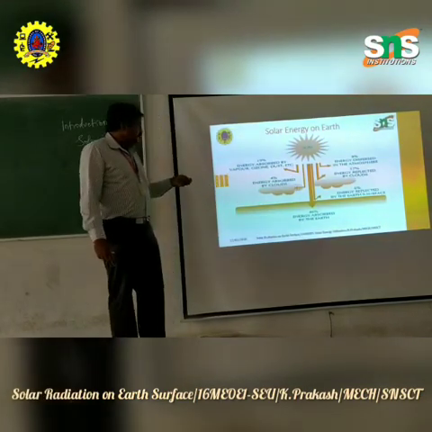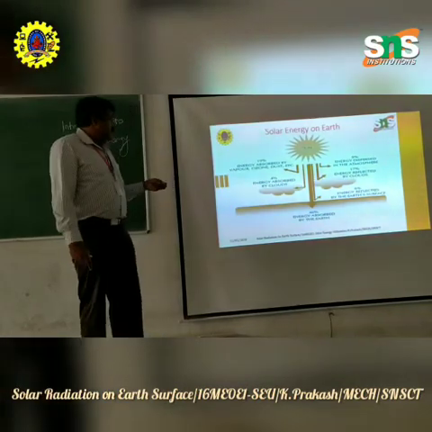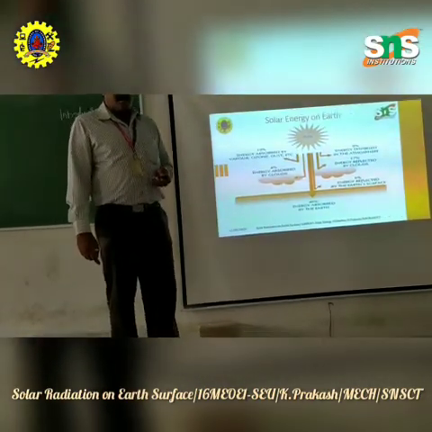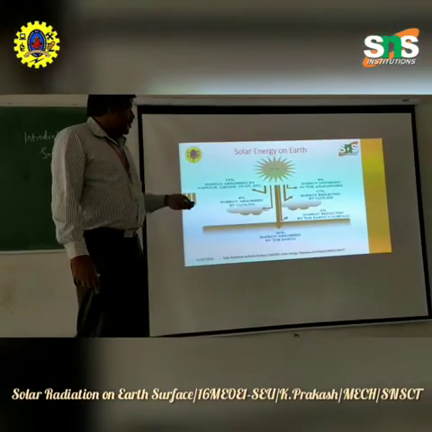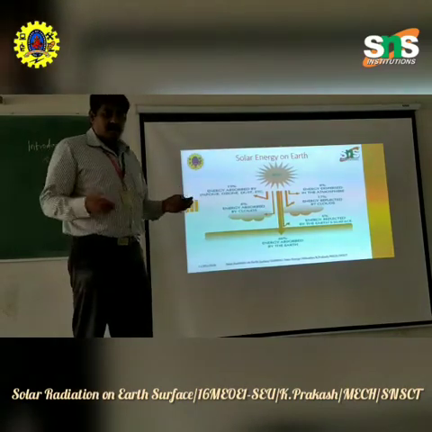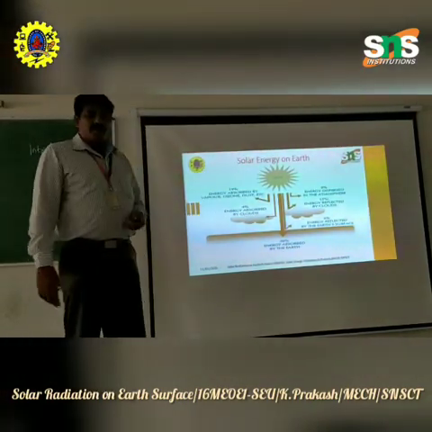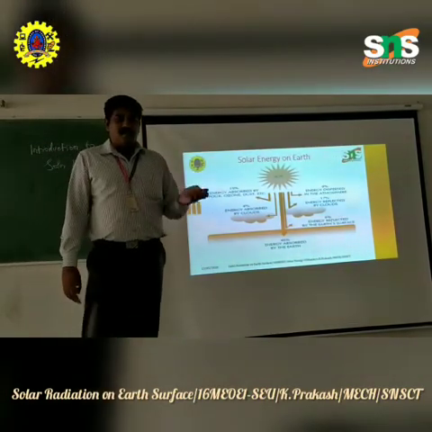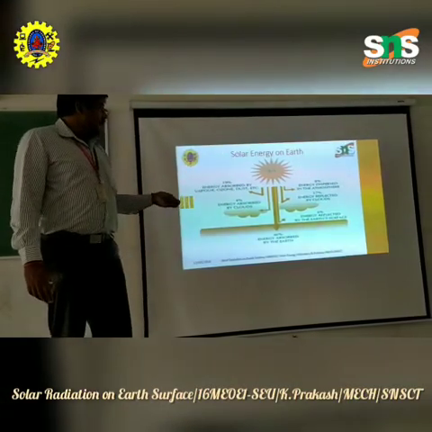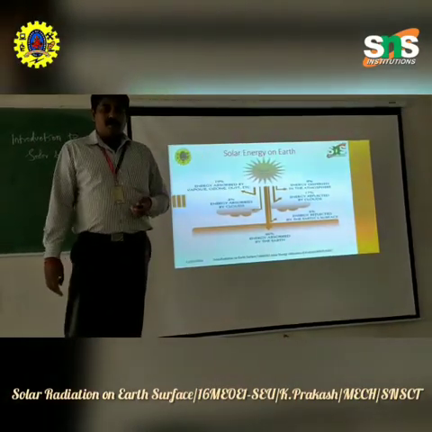Around 19% of the energy is absorbed by the vapor, the ozone layer and the dust particles available in the atmosphere, whereas 8% is dispersed in the atmosphere due to various reasons. 4% of the solar energy is absorbed by the clouds, and some 17% is reflected back by the clouds.